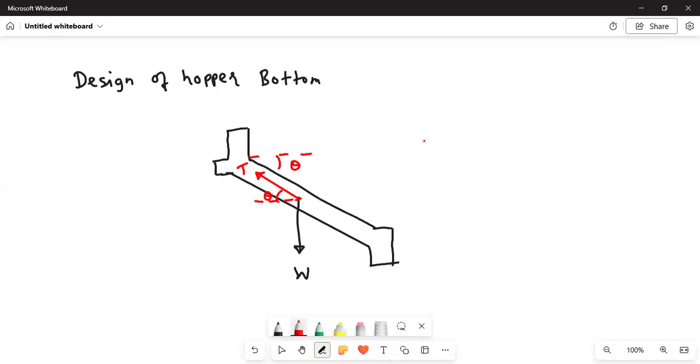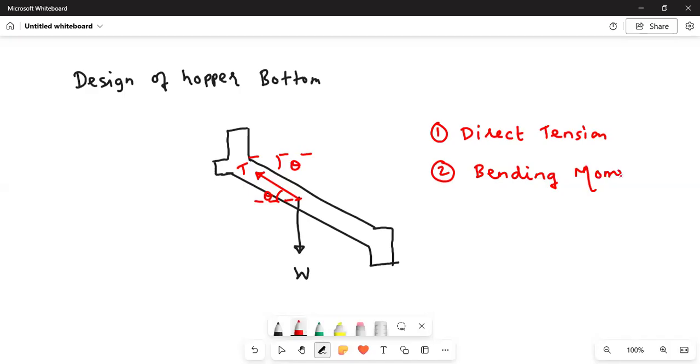So the hopper bottom is subjected to two forces. One is direct tension, and other is it is subjected to bending moment. Okay.